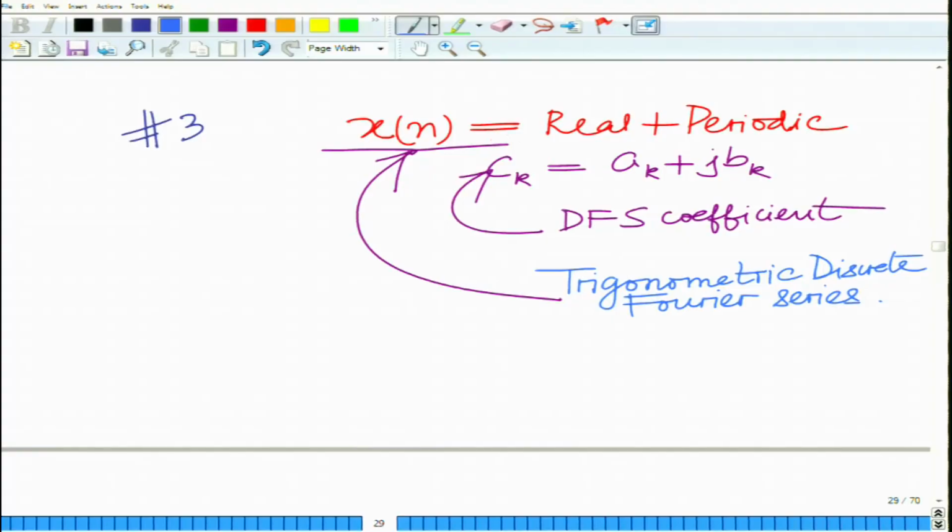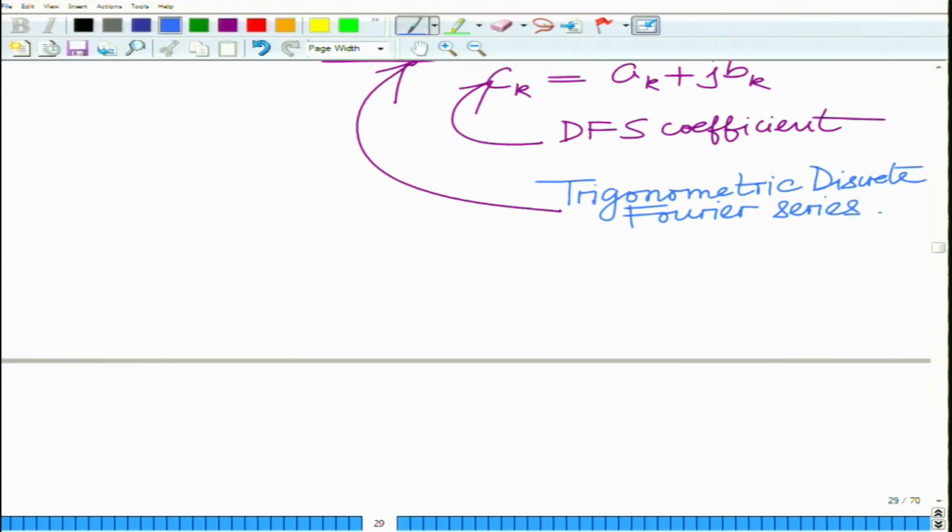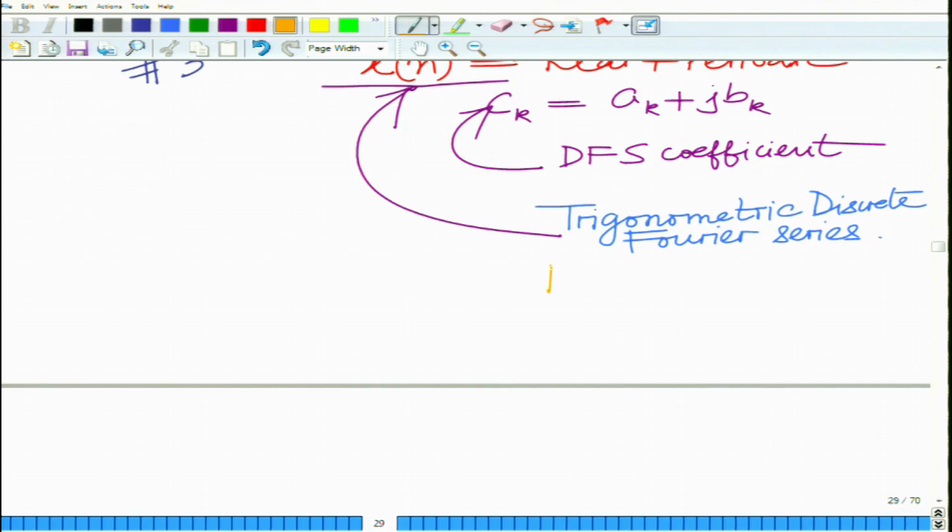Okay. And let us also consider the scenario, for simplicity, where N naught is odd, which also implies that N naught minus 1 is even.